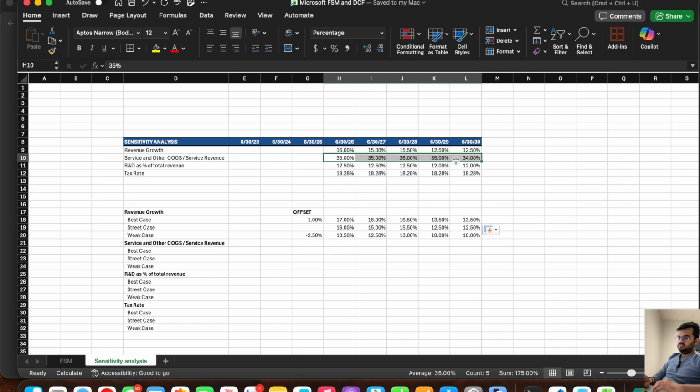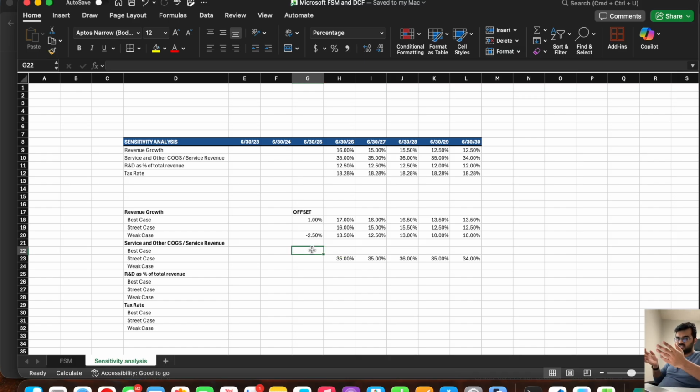Then similarly for the service, this is the number, and here the best case is the COGS is lesser. Which means we need to reduce some percentage from here to get the best case, and to get the weak case, we will add it. So right now we are saying 35% as the COGS. I think the minimum it can go is 32.5%, at least for the 2-3 years.